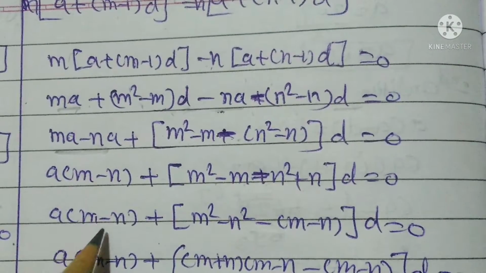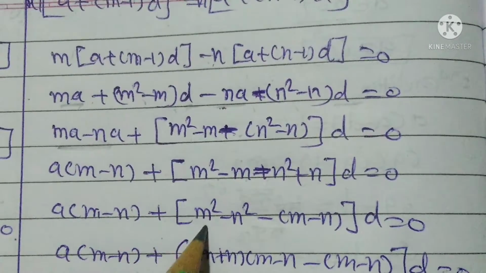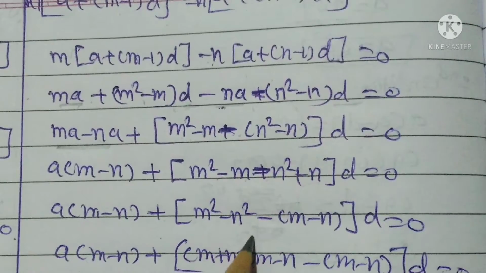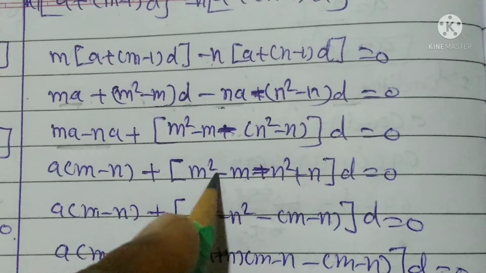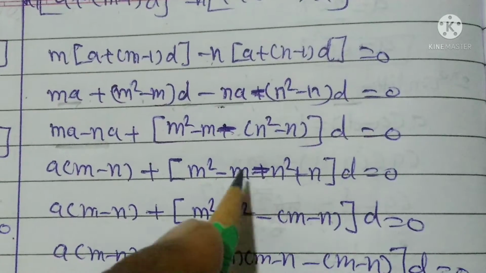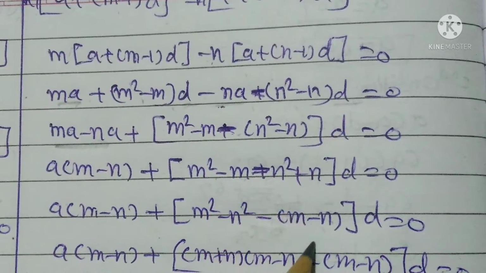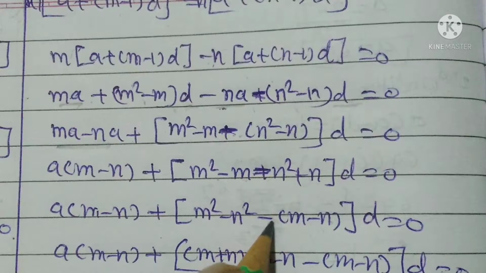So a(m minus n) plus (m square minus n square minus (m minus n)) d equals 0, because minus is common.